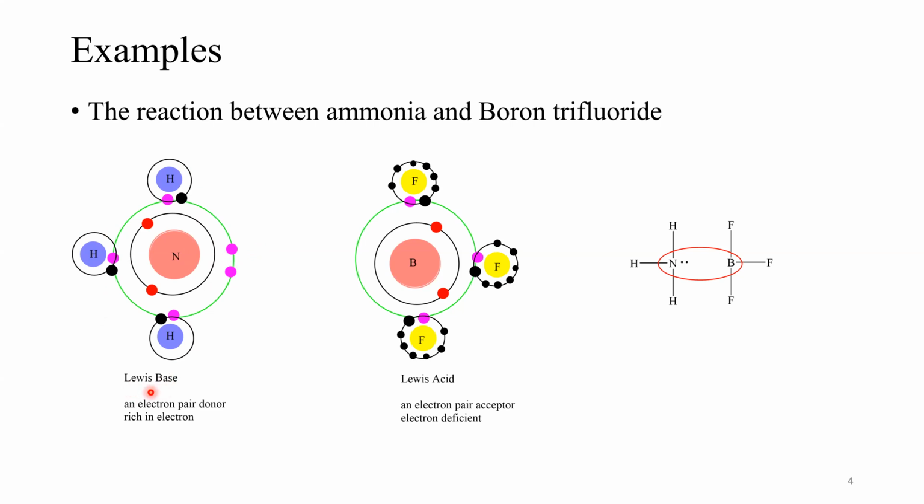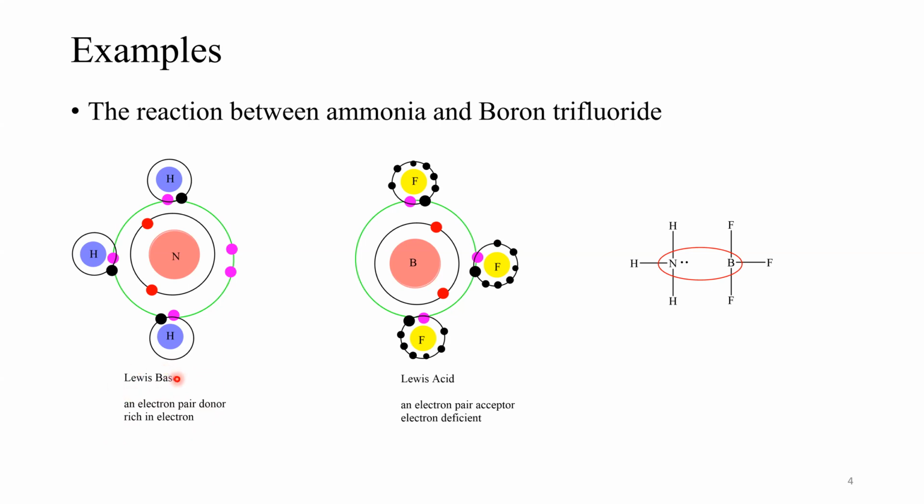So this is called a Lewis base. At the moment, just notice that this is named after the scientist who proposed the definition of the base. According to that scientist, a molecule or an atom which is able to donate an electron pair, and is rich in electrons, is called a Lewis base, right?